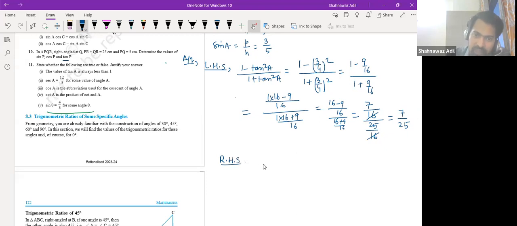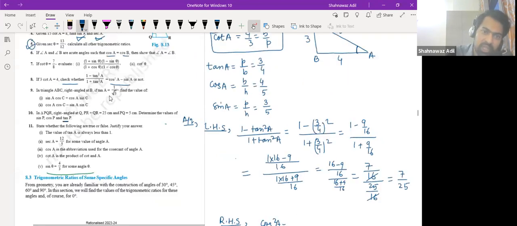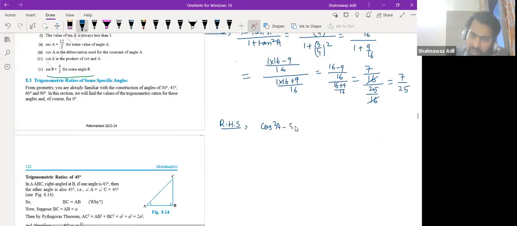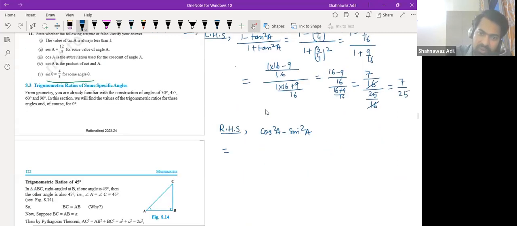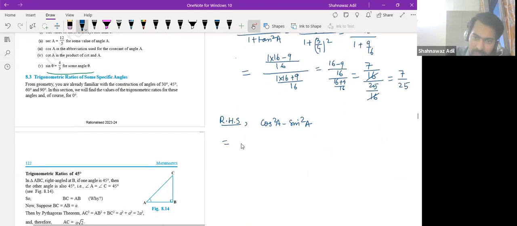So RHS is cos square A minus sine square A, right? So this is our RHS, which is equal to what is cos square? 4 by 5 whole square, and this is 3 by 5 whole square.